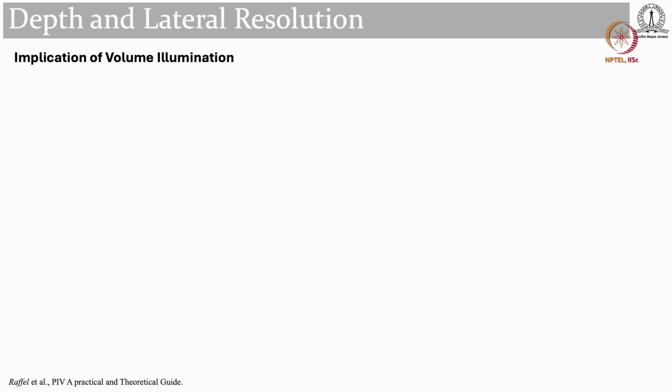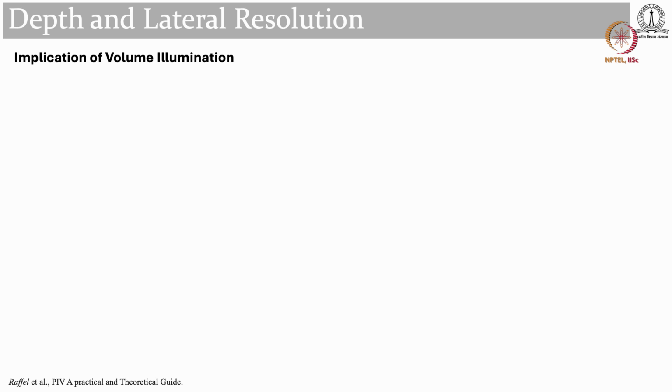Now I'll talk a bit about the implications of volume illumination. By now you must have understood what we mean by volume illumination, and it can have severe implications because, unlike macro scale phenomena where you can easily get the data in a single small plane of interest, in micro PIV you are using a microscope objective which itself has its own depth of field depending on the optical system.